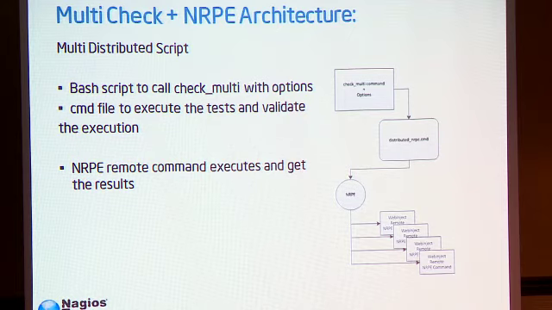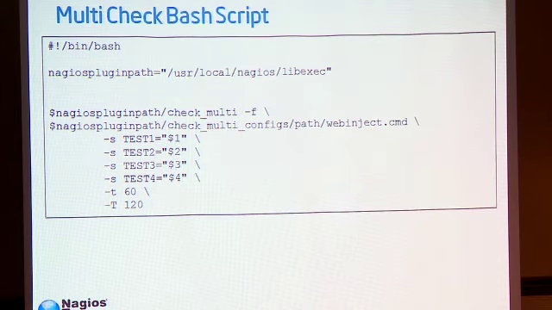How does it work? Well, we use a bash script that we'll show you later to execute the test, and we put here the threshold for this test, which is just calling an NRPE command and executing WebInject remotely. Basically, this is the script that we are using.